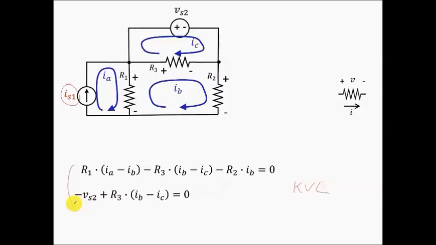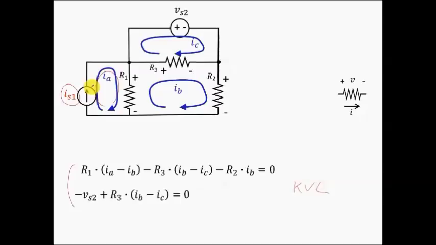However, I cannot do KVL on mesh A, because I do not know what the voltage is across this current source. Remember, a current source specifies a fixed current that flows through that branch, but the voltage across the current source can be anything. It depends on the rest of the circuit.